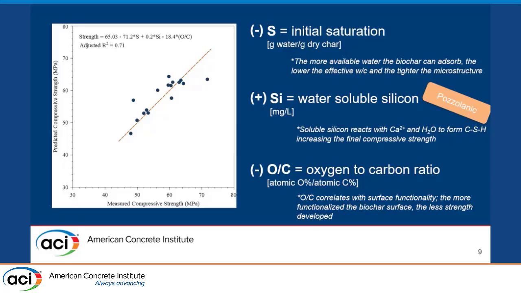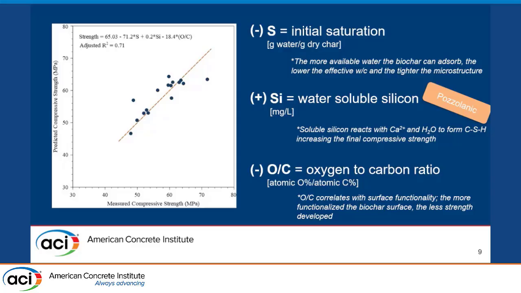And then, more puzzling, we saw that the oxygen to carbon surface ratio was detrimental to compressive strength development. This is a parameter that tells us about the functional groups on the surface of the biochar. It can lead to differences in water uptake and polarity. Definitely still a region of additional concern.